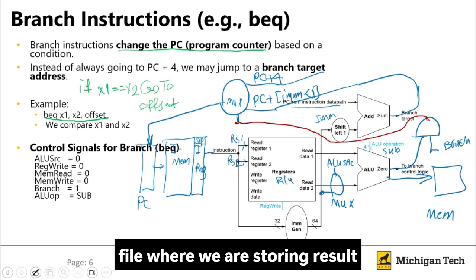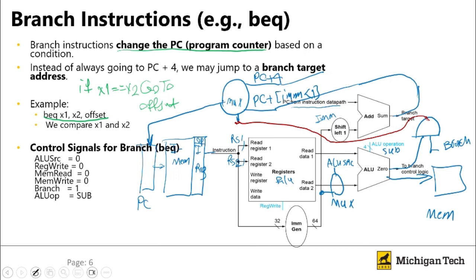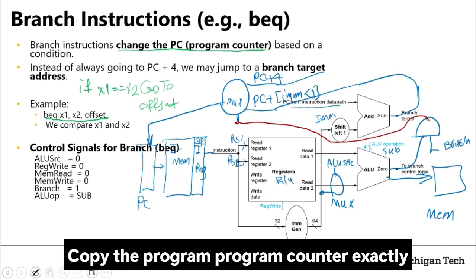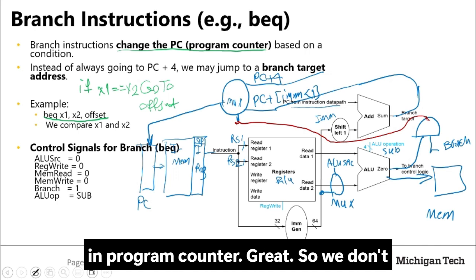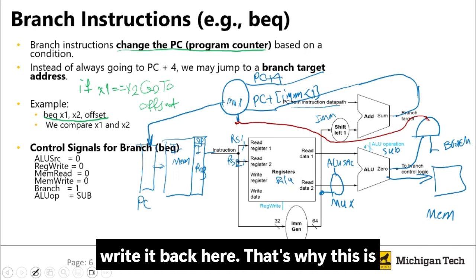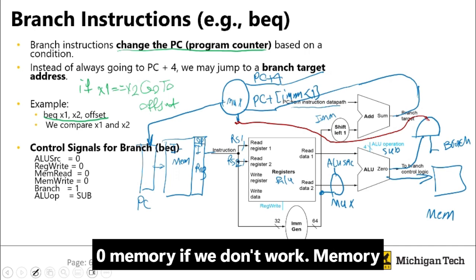Where do we store the result then? Program counter, exactly, as you can see here. We're writing that in the program counter. Great. So we don't write it back here. That's why this is 0.